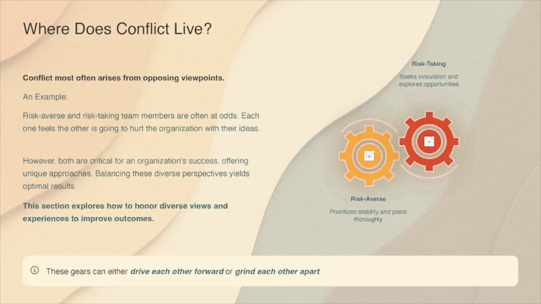And in really healthy organizations, these two sides, these two gears, appreciate each other, and they recognize the need for both. If you have an organization which is very risk-taking, typically it's like a startup company where they spend a lot of money really fast, hire a bunch of people, scale up quickly, but if they can't sustain it, they crash and burn, and they close within a year or two.